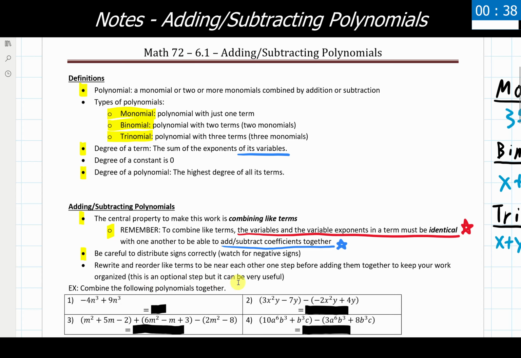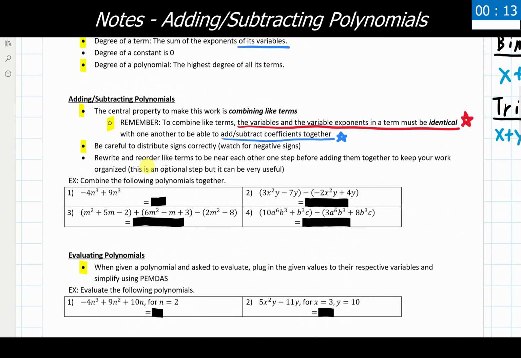This is entirely optional, but if you find you're getting confused with which terms are like terms and which ones aren't, or you're having some issues keeping track of it all, I think it is very useful to rewrite it and make life a little bit easier for yourself before you actually combine like terms together.